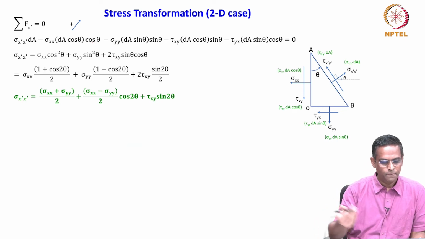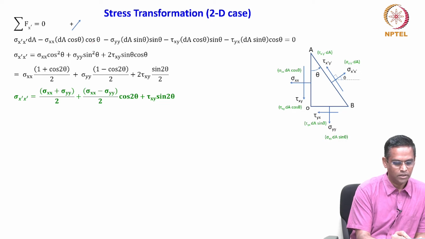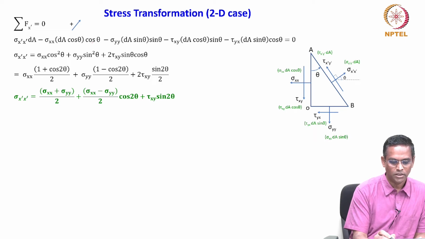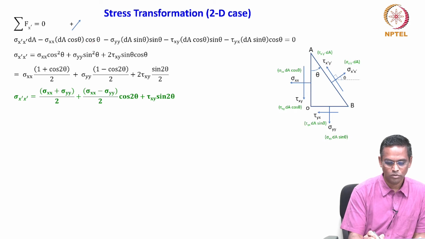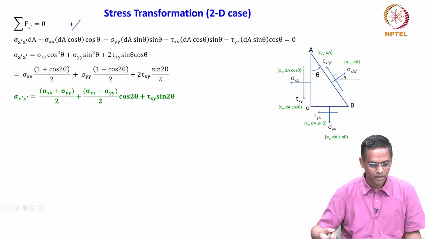So, now we have the equation. Sigma x prime is equal to (sigma xx plus sigma yy)/2 plus (sigma xx minus sigma yy)/2 times cos 2 theta plus tau xy sin 2 theta, just by rearranging this.